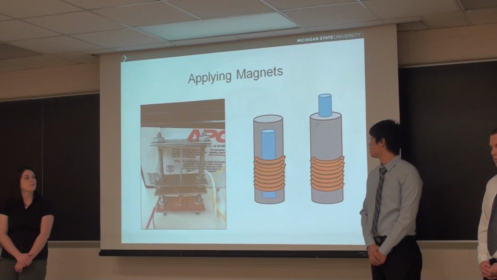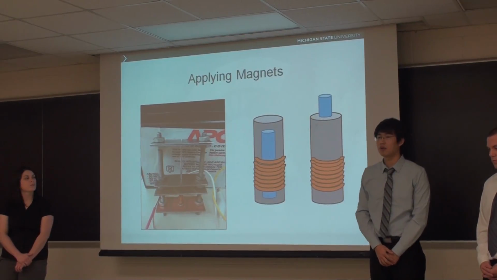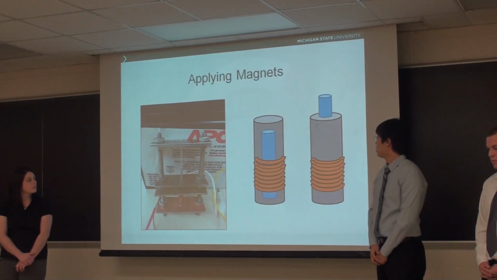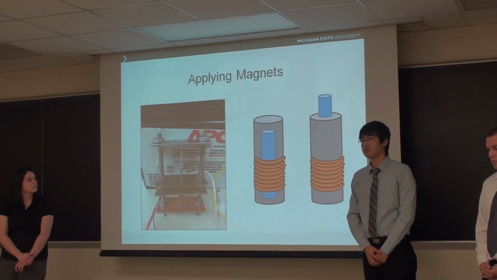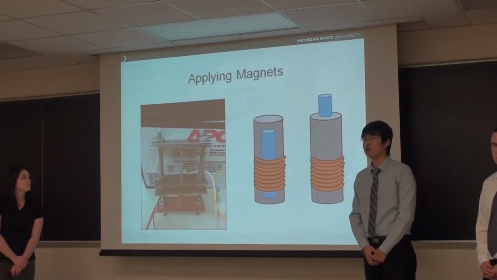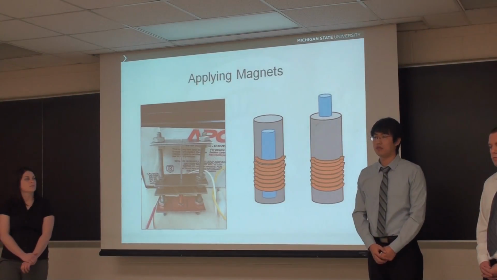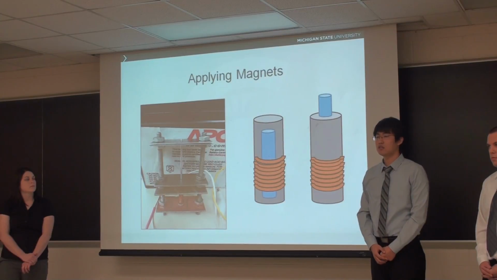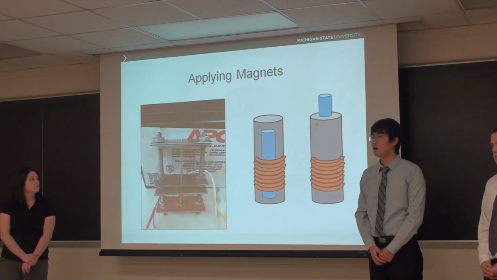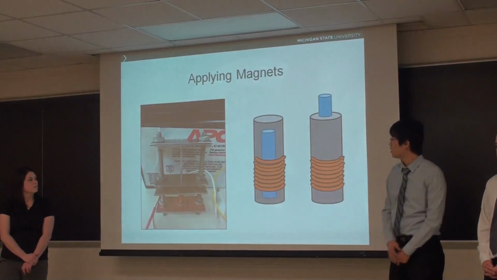The picture on the left shows the previous prototype utilized neodymium magnets in the solenoid. By sending the current through the solenoid, a magnetic field will be generated that drives the pins up and down, as indicated in the diagram on the right.